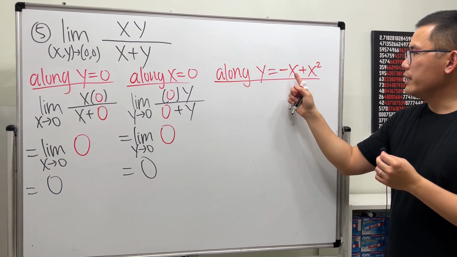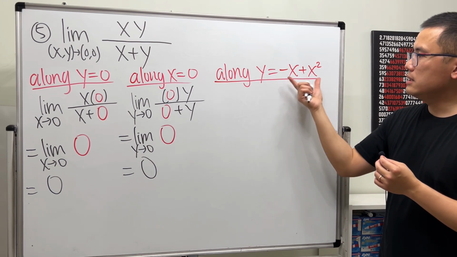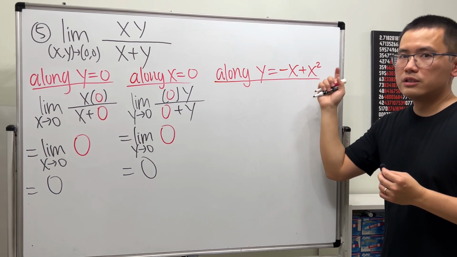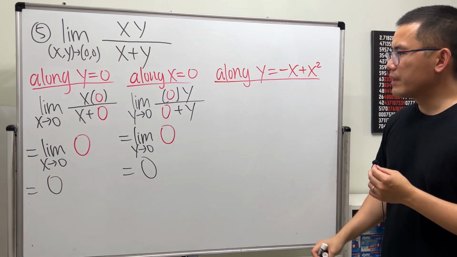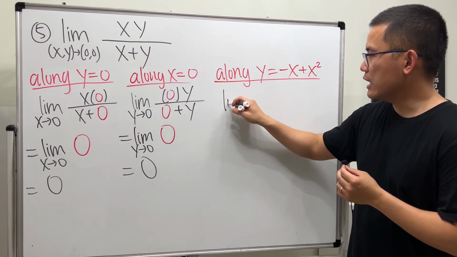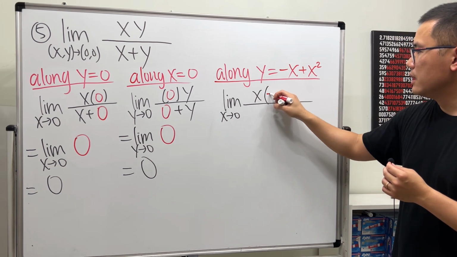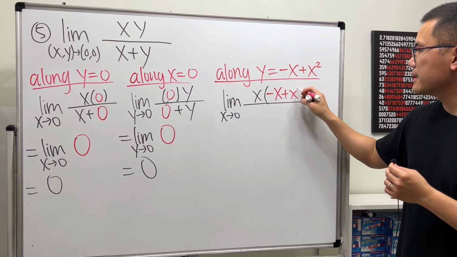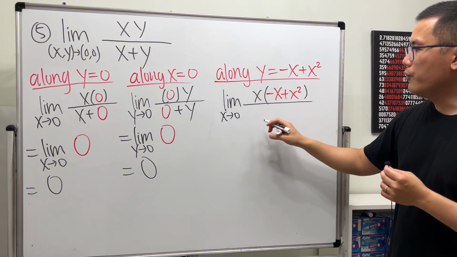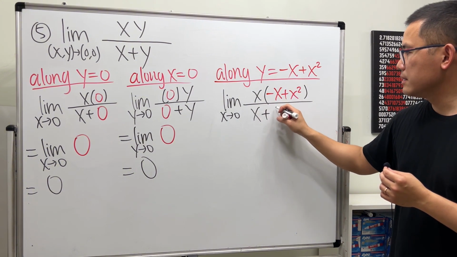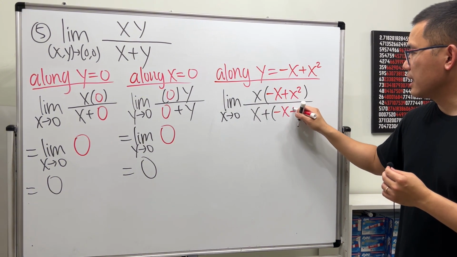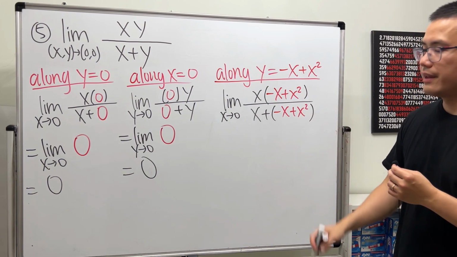And keep in mind, when x is 0, this equation does contain 0, 0, so this is a legitimate path. Now let's actually just put this in action, and we have x right here stays, but the y is this, negative x plus x squared over x plus negative x plus x squared.